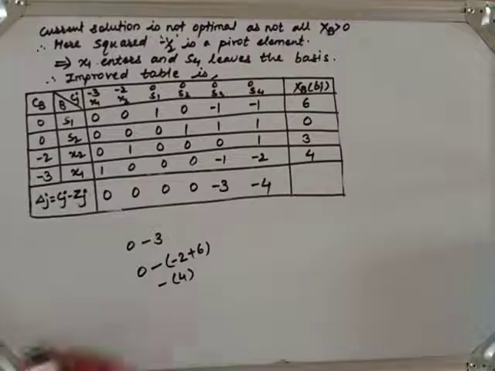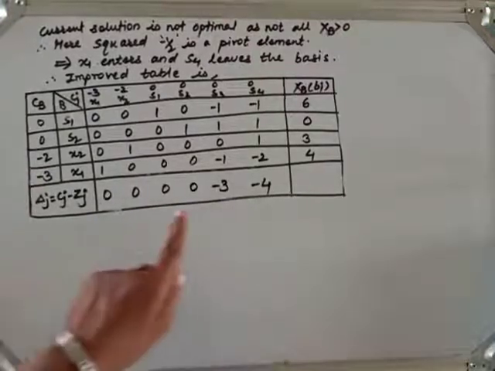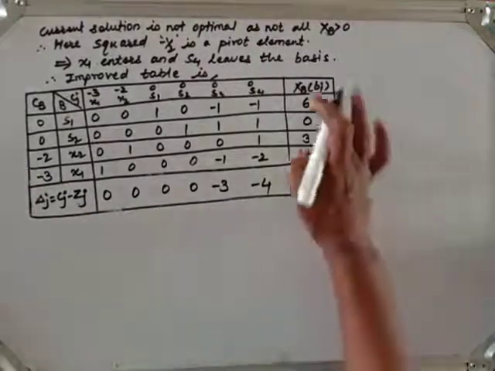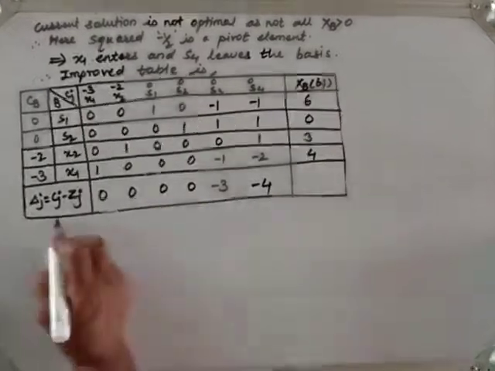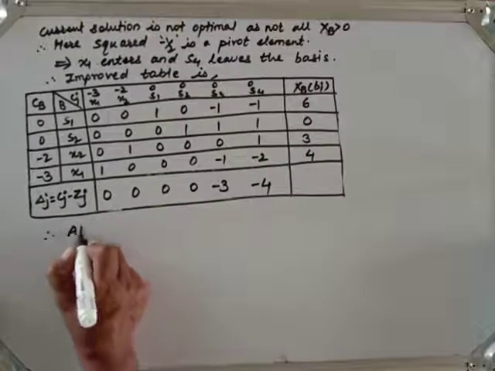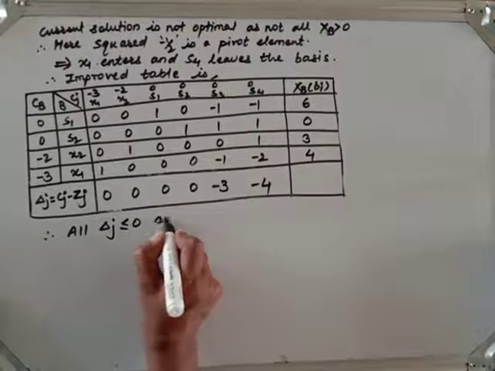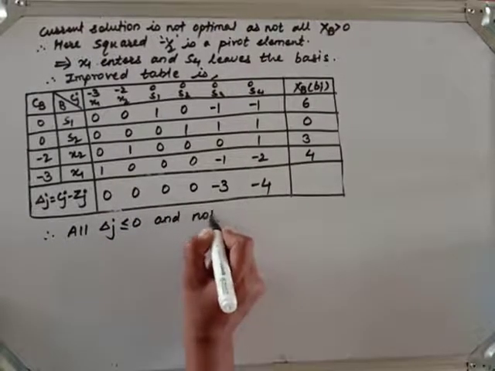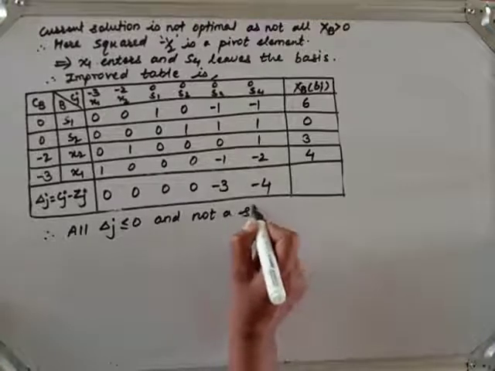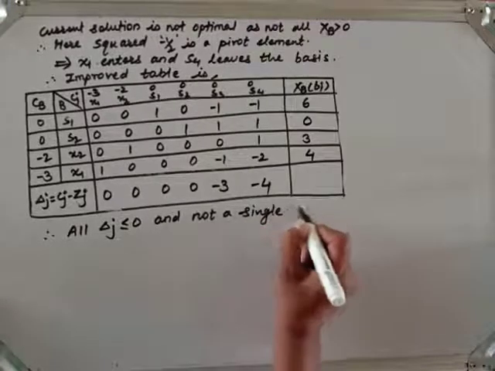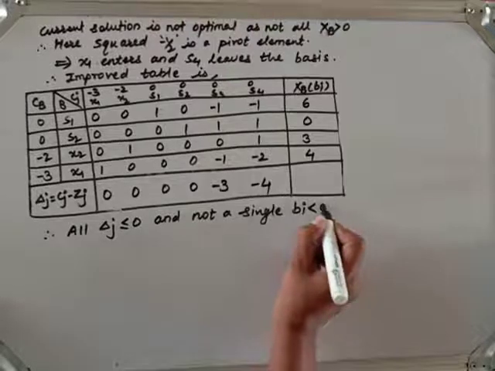Fine. Now all del j's are less than or equal to 0, and all bi's are positive. So I can write all del j less than or equal to 0 and not a single bi less than 0.